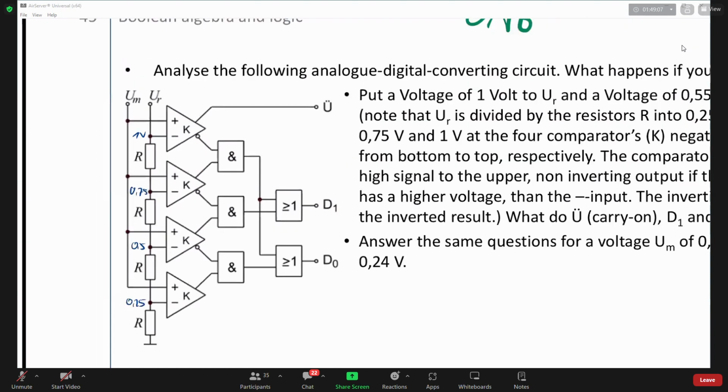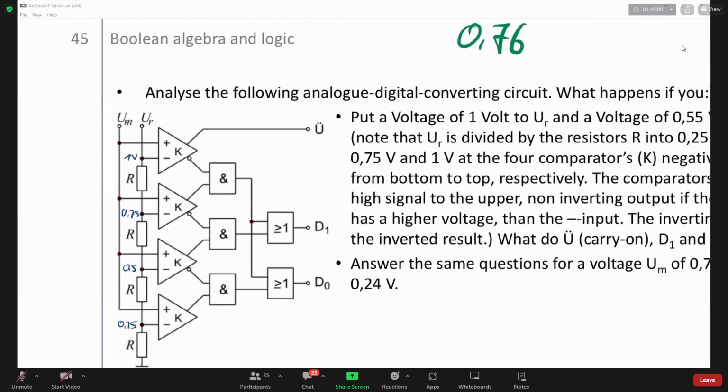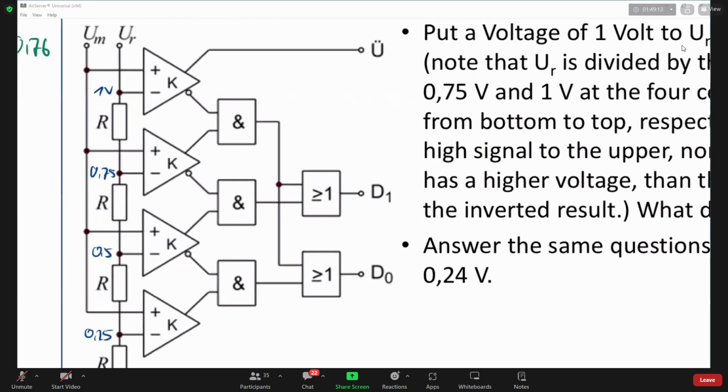And now at reference, we have 0.76. And again, 0.76 is smaller than 1. It is larger than 0.75, larger than 0.5, and larger than 0.25. So therefore, this path is getting 1. And you have 1, 1 at the output.